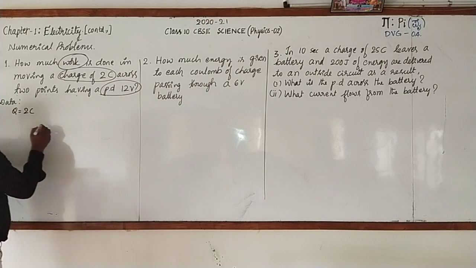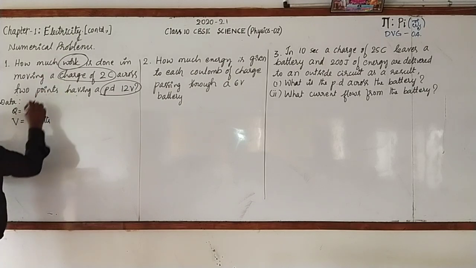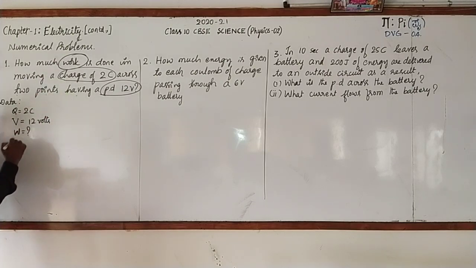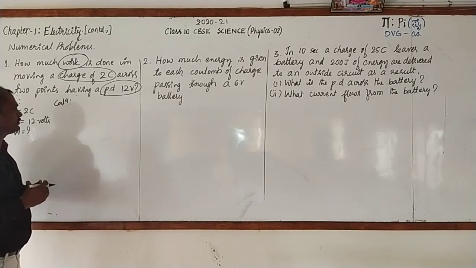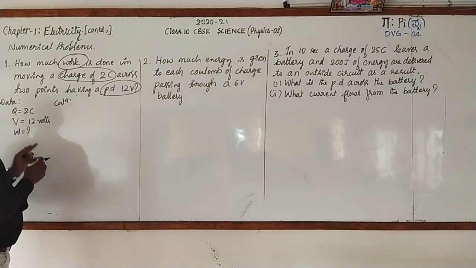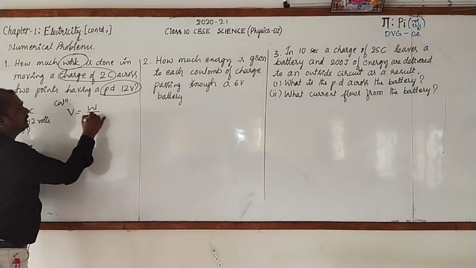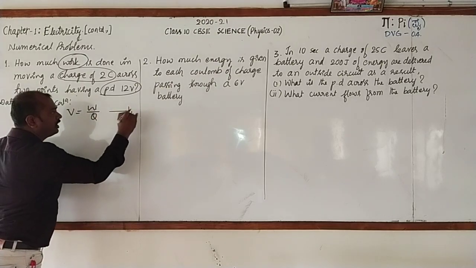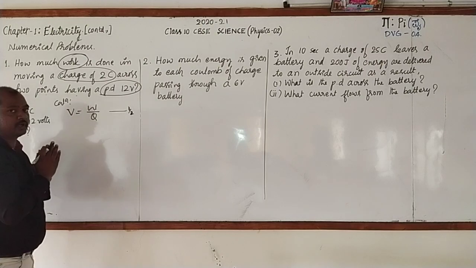Then potential difference V is equal to 12 volts. You are going to find out work done, W, question mark. Now let us go for calculation. Calculation is very simple. We have come to know that voltage is equal to W by Q. That is the formula. V is equal to W by Q. Half marks will be allotted just for writing the formula.